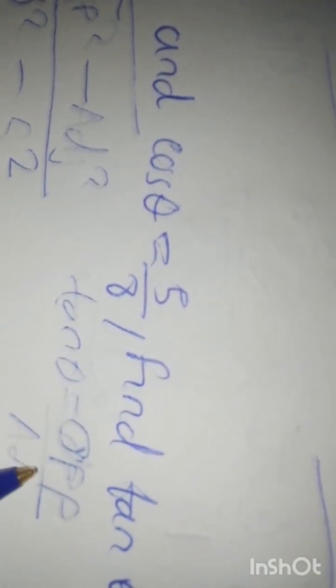Then we can find tan theta. Tan theta is equal to opposite over adjacent, which is our opposite, root of 39, over our adjacent, 5. It means you are done.